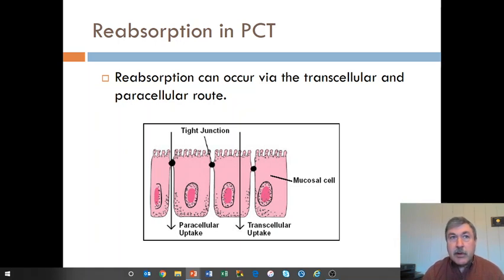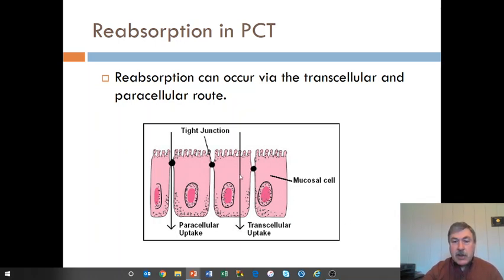The peritubular capillaries are actually just a continuation of the efferent arteriole. And the peritubular capillaries take up substances that have been reabsorbed from the proximal convoluted tubule.